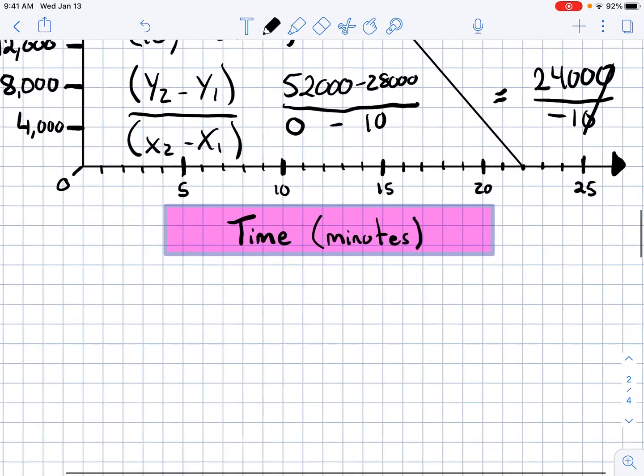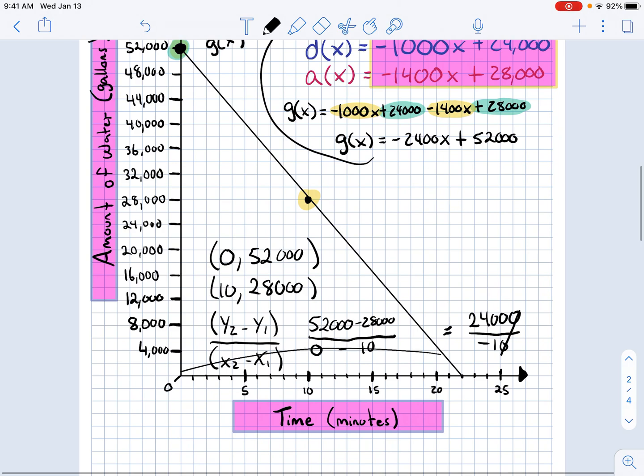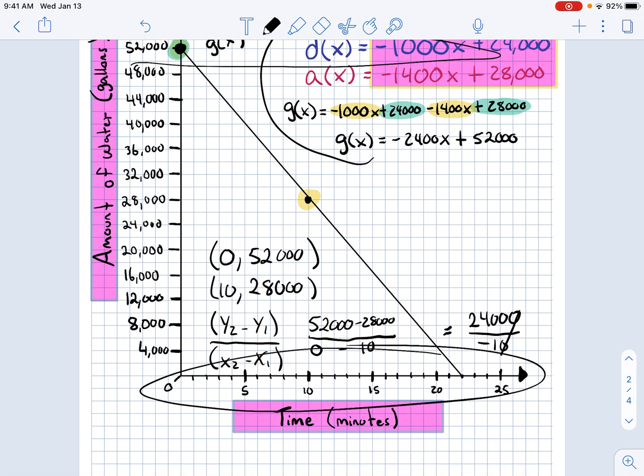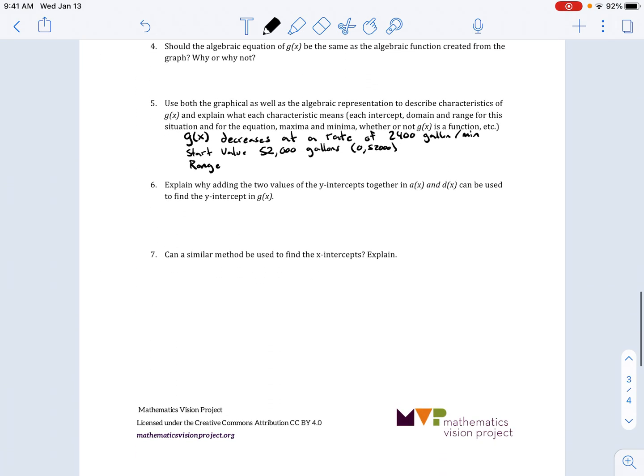So when we talk about the range, we're talking about the lowest value to the highest value. So the lowest was 0 up to 52,000. So the range was 0 to 52,000. And those are both possible values.